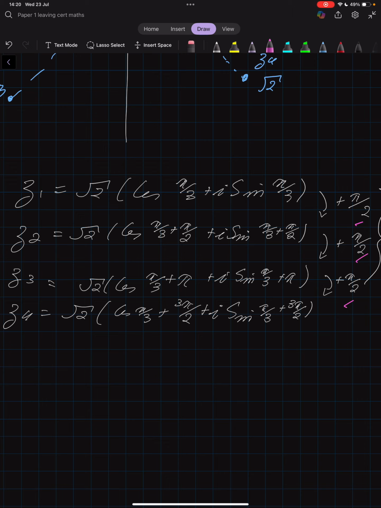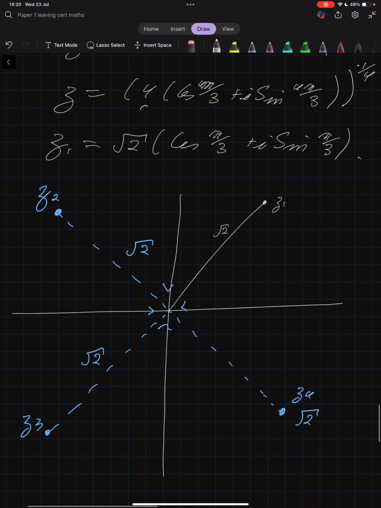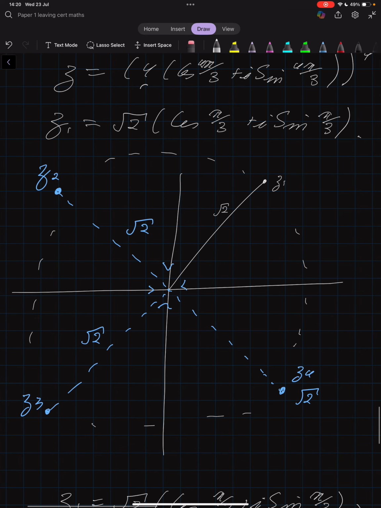Okay? And you might ask, well, why do we stop here? Why can't I add pi over 2 again? If you add pi over 2 again, you'd be adding 2 pi in total. And that's 360. If you did it another time, you'd get back to Z1 again. So you wouldn't have a new answer.